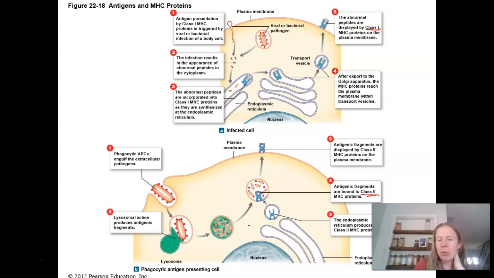The MHC2 protein is going to take a sample from that vacuole, from that engulfed, destroyed microbe, and it's going to carry it to the surface, again, to present it to the immune system. And what we'll see here is typically it's going to be helper T cells that are checking these antigen presenting cells. So a helper T cell docks on this class 2 MHC protein.